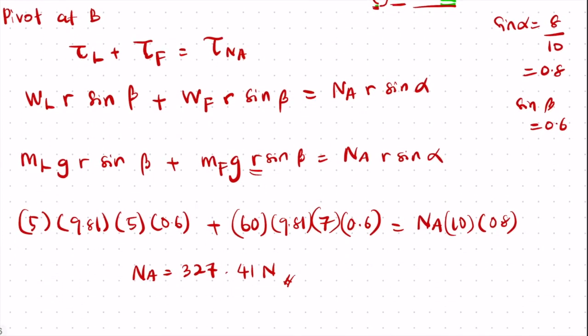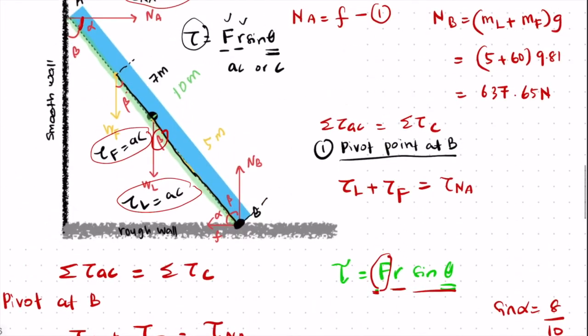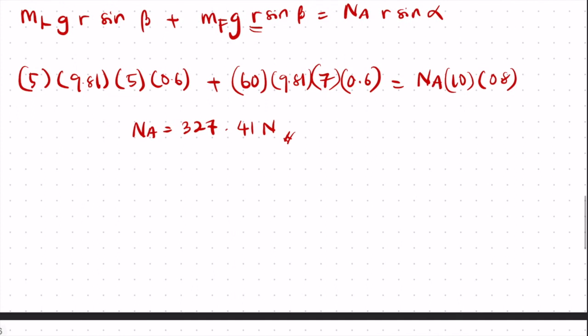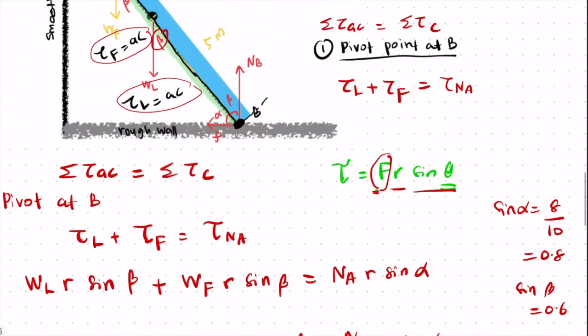NA is 327.41. Then from equation 1, NA is equal to F, okay, NA is also equal to mu NB. Why? Friction is at the floor.